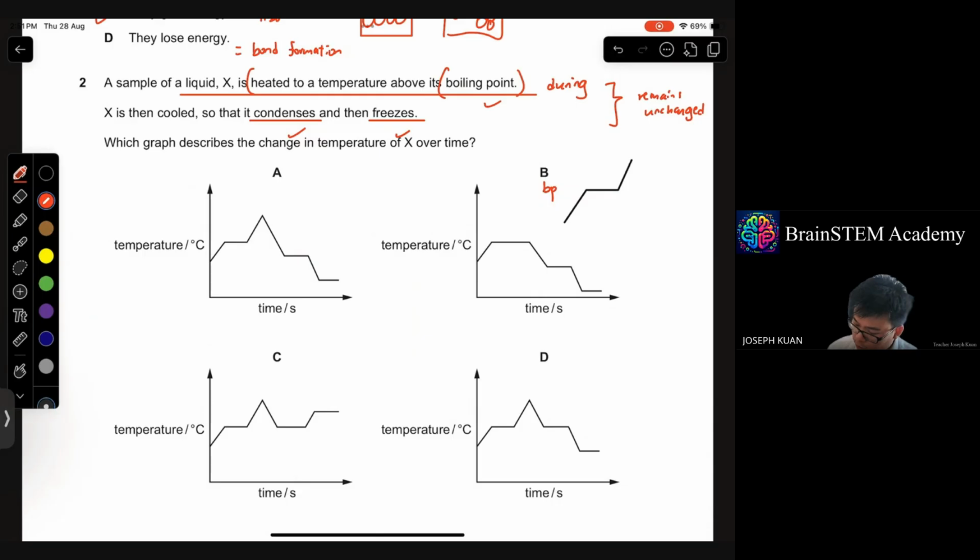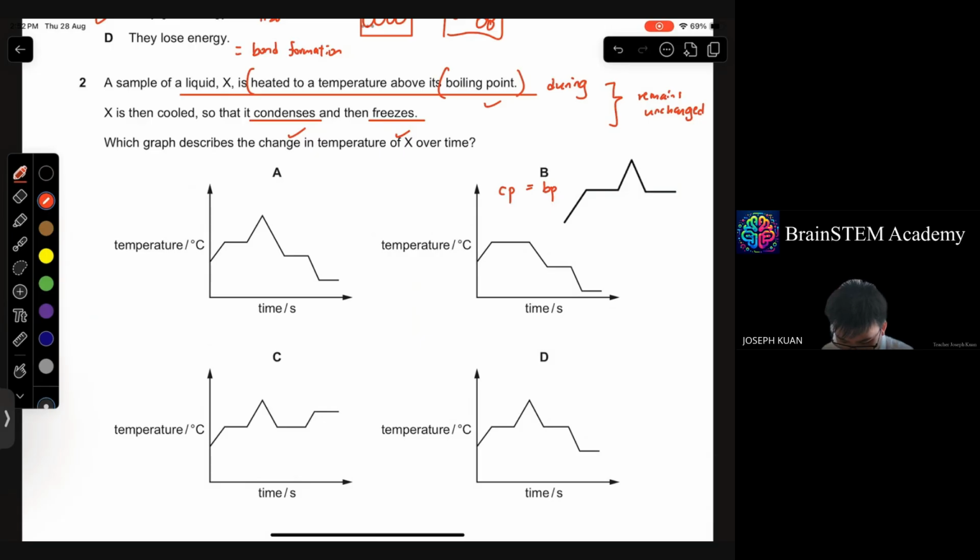And then it's cooled. When it's cooled, the temperature will begin to drop, followed by condensation happening. Now, the boiling point and the condensation point are actually of the same value. So we should expect these two horizontal lines to have the same Y value.